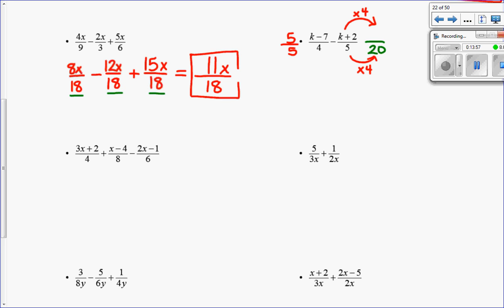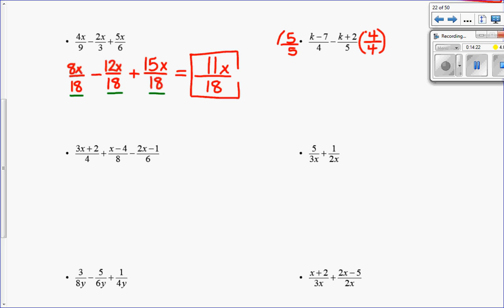So in essence, I'm multiplying the numerator by 4, the denominator by 4. Oh, look at that. 4 over 4 is also equal to 1. So I'm multiplying this side of the equation by 1, which means I'm really not changing the value of it. Anything times 1 is still itself, right?